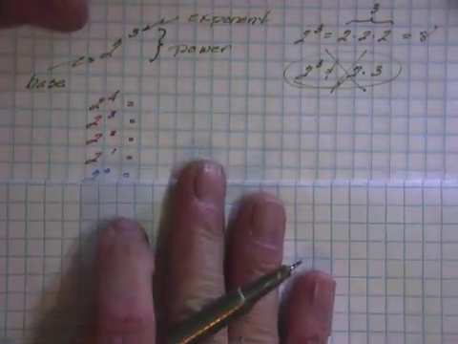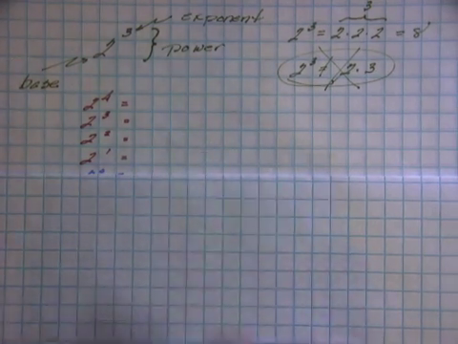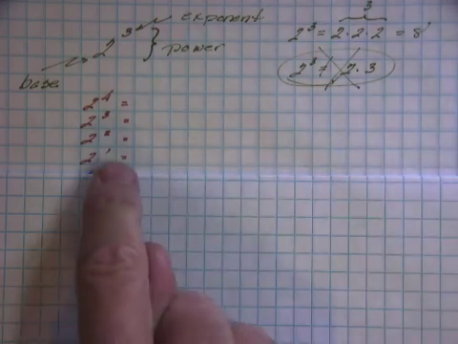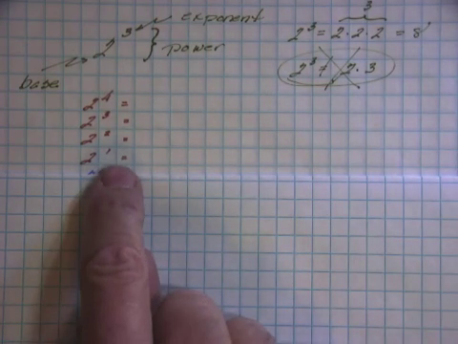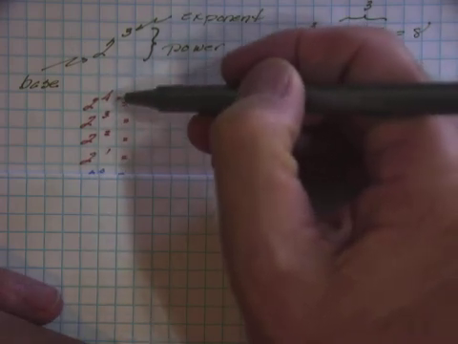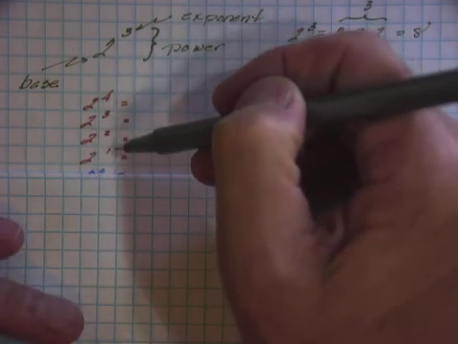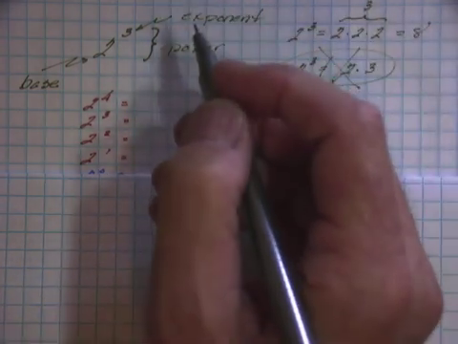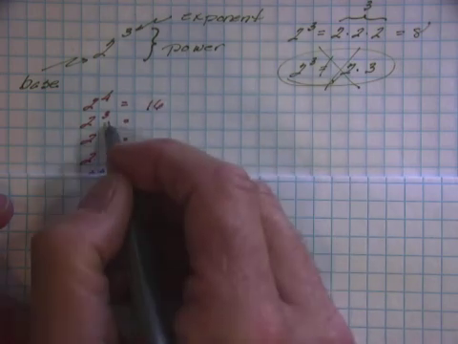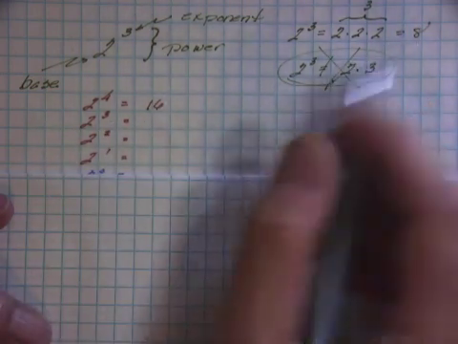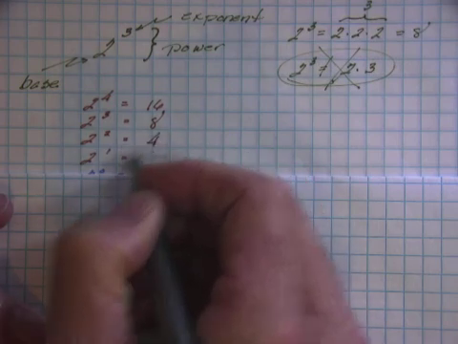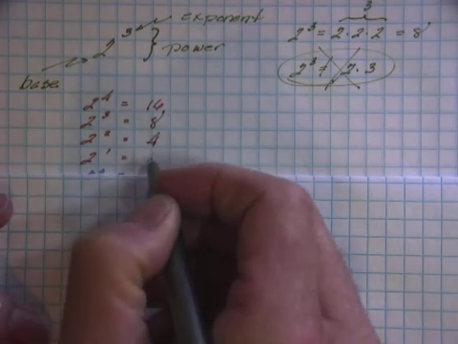Now, let's look at patterns for a second. So I've got 2 to the fourth, then 2 to the third, then 2 to the second, and then 2 to the first. So you can see the pattern is the base is staying the same, but the exponent's going down by 1 each time. Well, 2 to the fourth, 2 times 2 is 4, times 2 is 8, times 2 is 16. 2 to the third, we just figured out was 8. 2 to the second, 2 times 2 is 4.